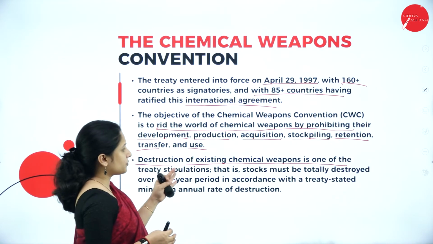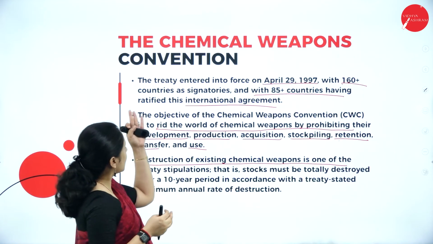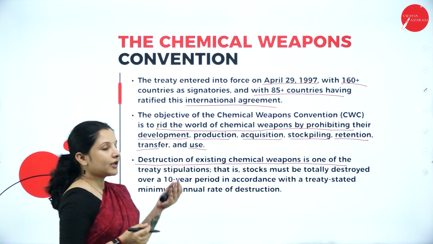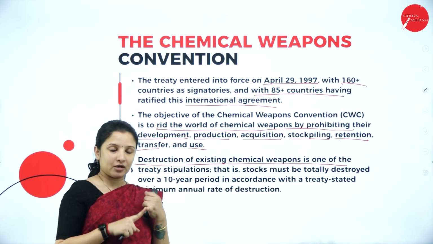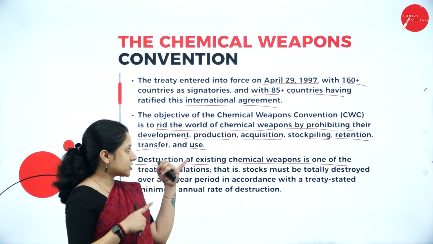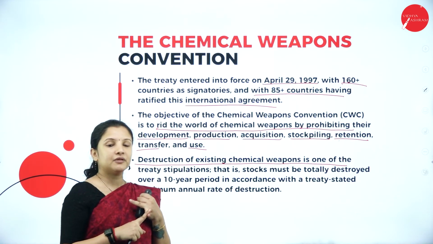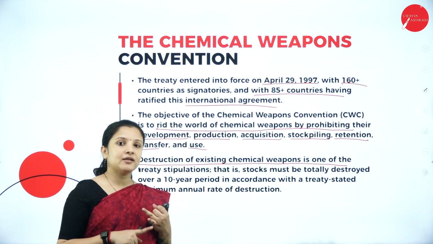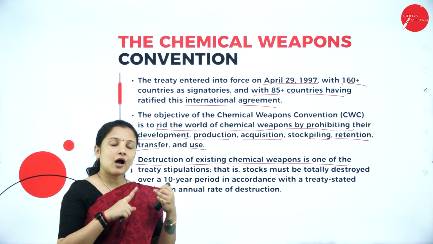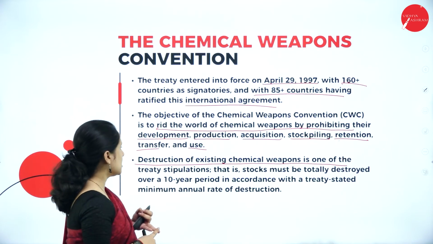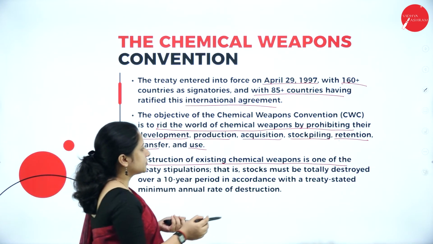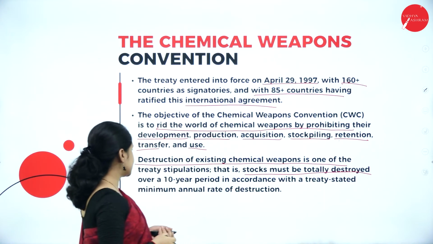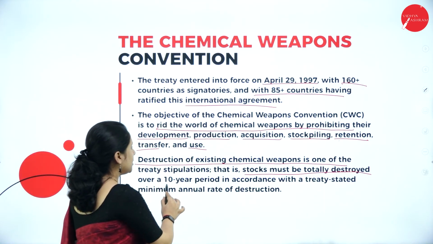So that is why, to prevent such problems, this Chemical Weapons Convention has come into force, wherein they not just check on the production of chemical weapons and the use of chemical weapons, but if chemical weapons are already there in these particular countries, they are supposed to destroy them. And also, the stocks of chemical weapons must be totally destroyed over a 10-year period.